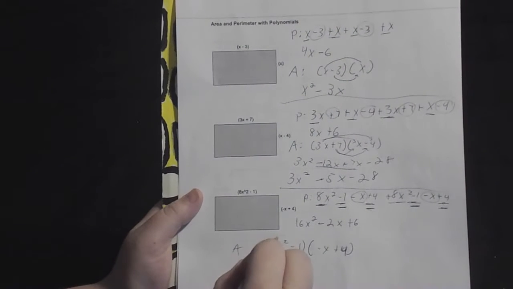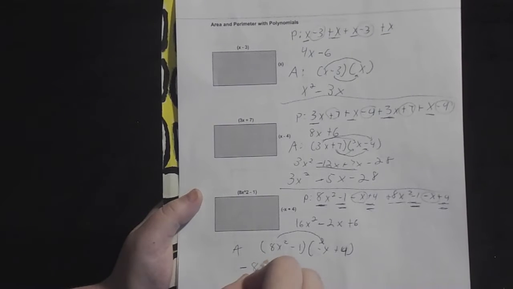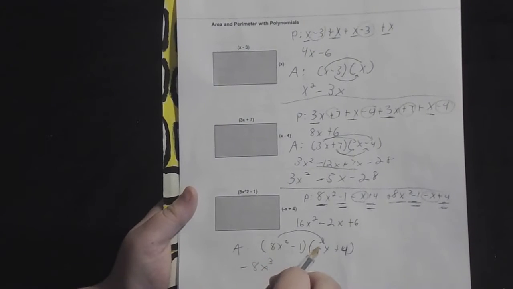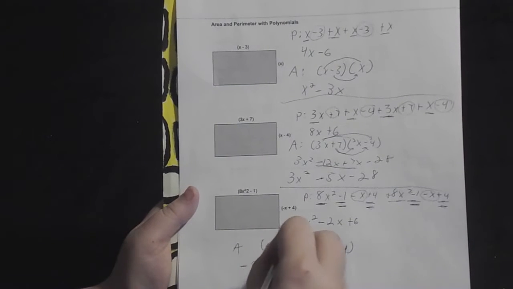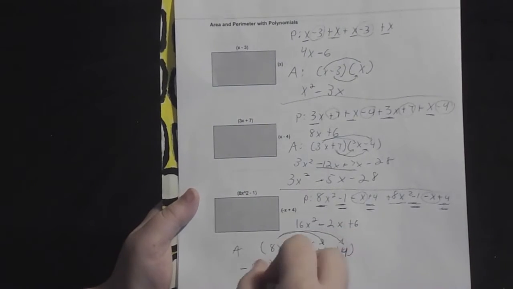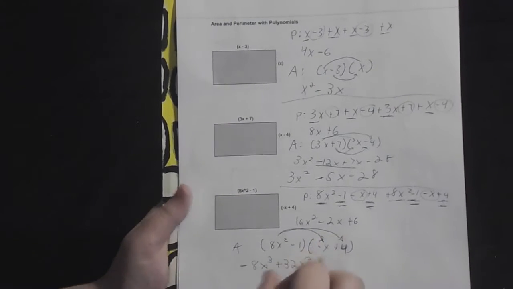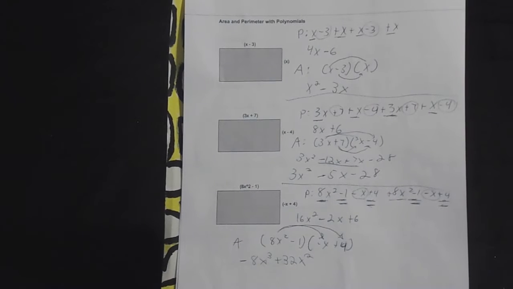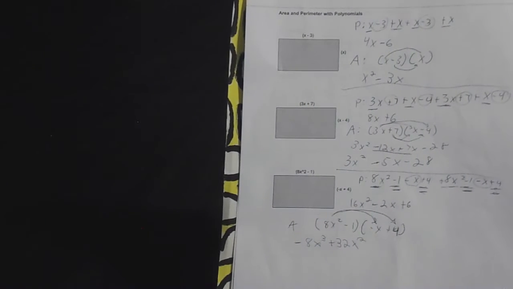Okay, so then 8x squared times negative x becomes negative 8x cubed, because negative times 8 is negative 8, and x squared times x is an x cubed. Then 8x squared times positive 4 becomes positive 32x squared, because 8 times 4 is 32, and x squared by itself is just x squared.